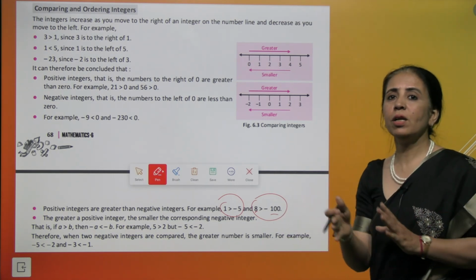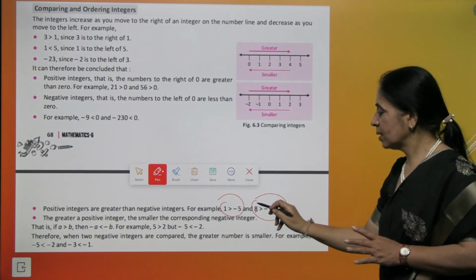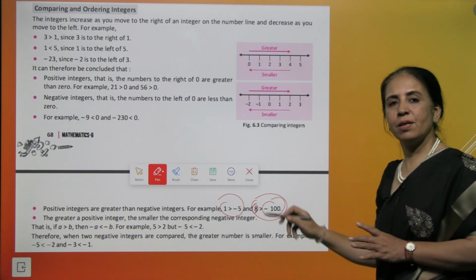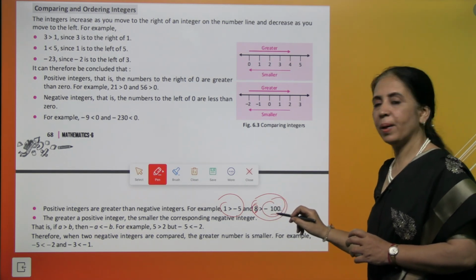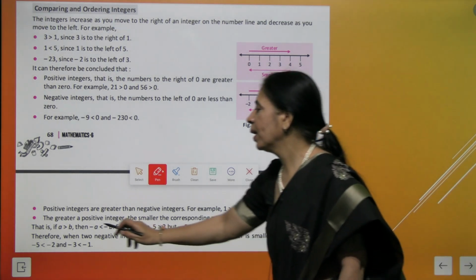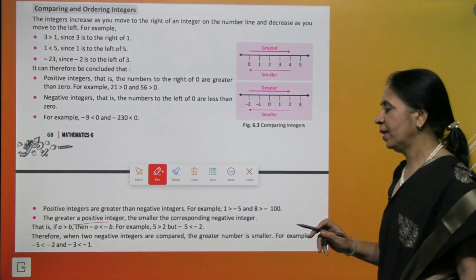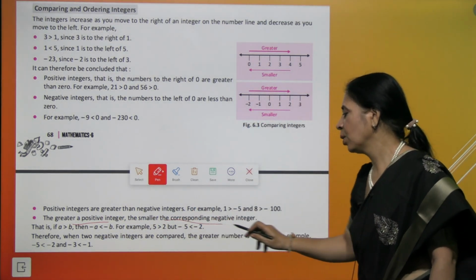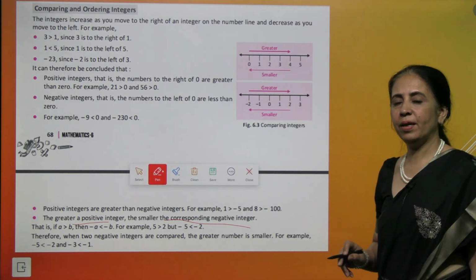So don't care for the number. Only see that this is a positive number, this is a negative number, and so 8 is bigger than -100. Interesting. Come to the next one. The greater the positive integer, the smaller is the corresponding its negative integer.